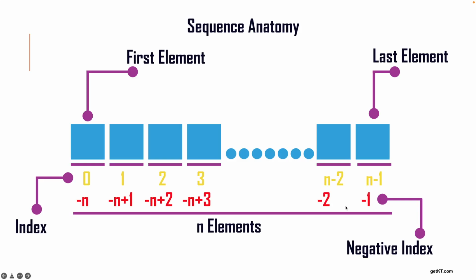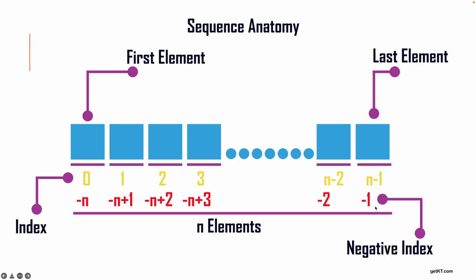Okay, what is the index of the last one? n minus 1. And in Python, you can index from last to beginning as well. Okay, how does it work? Negative index starts with -1 and it ends with -n, as opposed to the positive index, which is 0 to n minus 1.